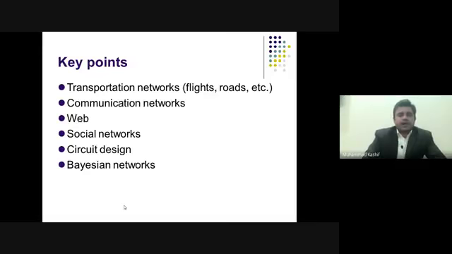And we have communication networks, and the example is your phones. When you call from one network company, that is Jazz, to the other company, Ufone, how are they connected, how do they allow you communication? Because Jazz is a node, Ufone is a second node, how are they communicating with each other?